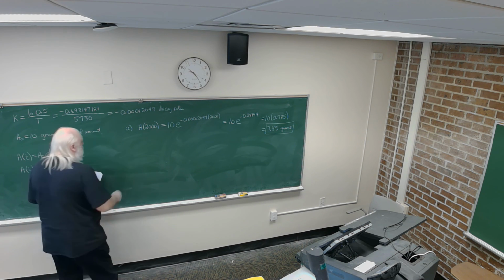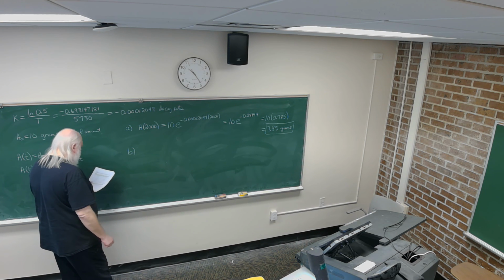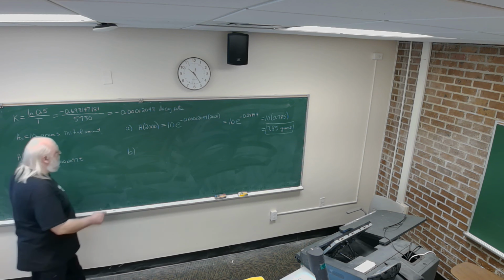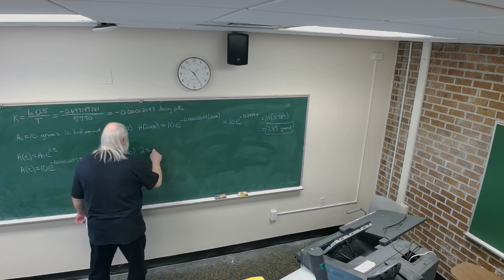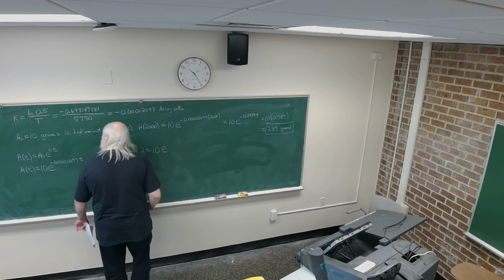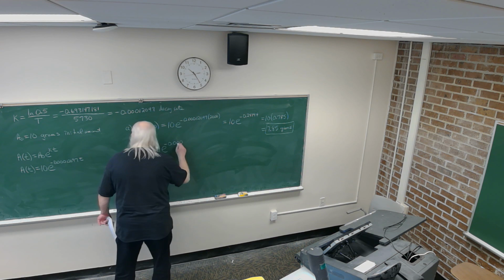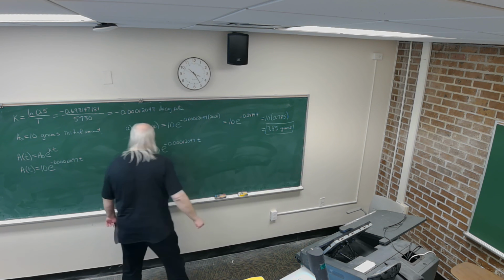In B, it says, when will there be 2 grams left? To find the time when there will be 2 grams left, you put 2 in for A of t and solve for t. So we have 2 is equal to 10 times e to the minus 0.000120097 t power.